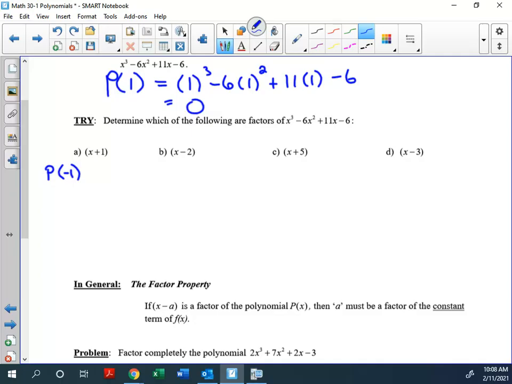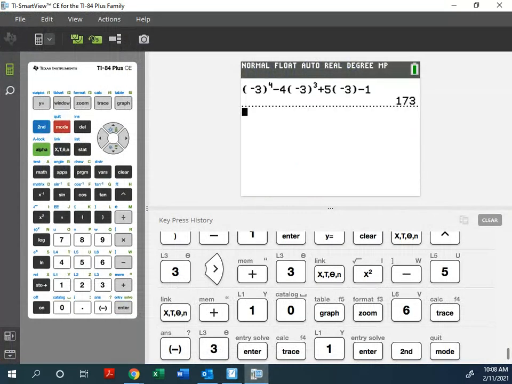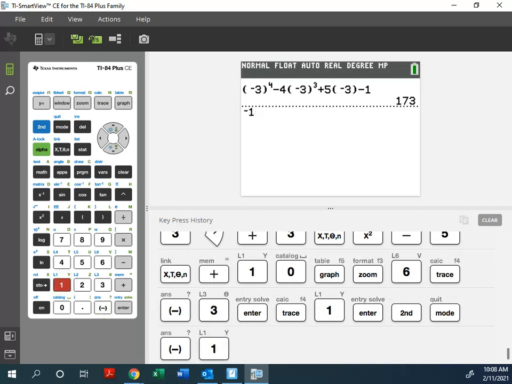So this is what I'm going to do. I'm going to write on the board so that I don't forget, because the older I get, the worse my memory is. I'm testing negative 1. I put that in as the answer.